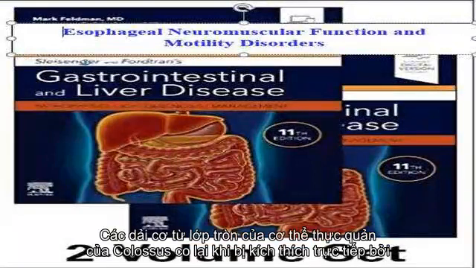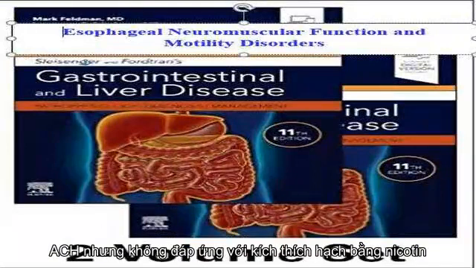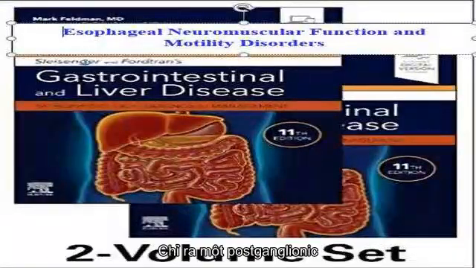Muscle strips from the circular layer of the esophageal body of achalasia contract when directly stimulated by ACh but fail to respond to ganglionic stimulation by nicotine, indicating a postganglionic excitatory defect.